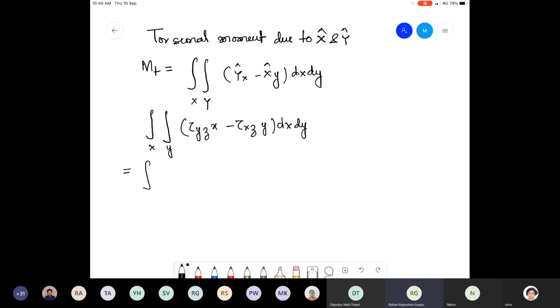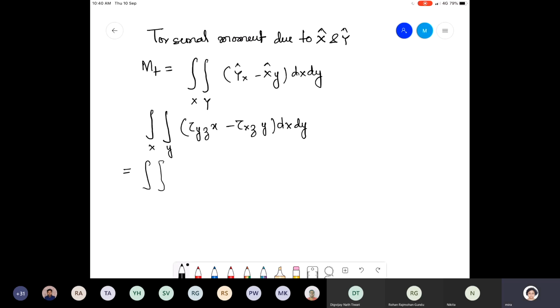Ma'am, here x is multiplied to tau, I think. Yeah, y hat into x minus x hat into y, right? Is this okay? Have I written it correctly?